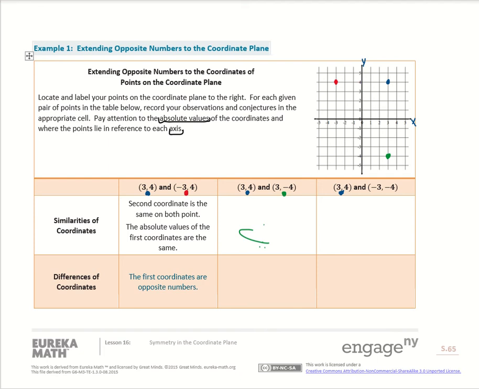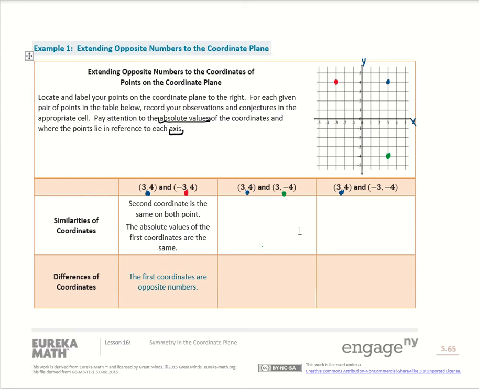Why am I still drawing? But first, before we can get into talking about their location again, we need to once again talk about the coordinates themselves. In the last one, the second coordinate was the same on both points.